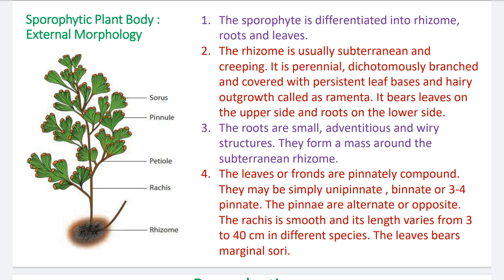Then the rhizome is there. Rhizome is nothing but an underground stem-like structure. Above the rhizome, the aerial structure is the rachis. Rachis is the centrally located axis of the leaflets, and the rachis is further covered by many small leaves called leaflets, also called pinnae or pinnules.